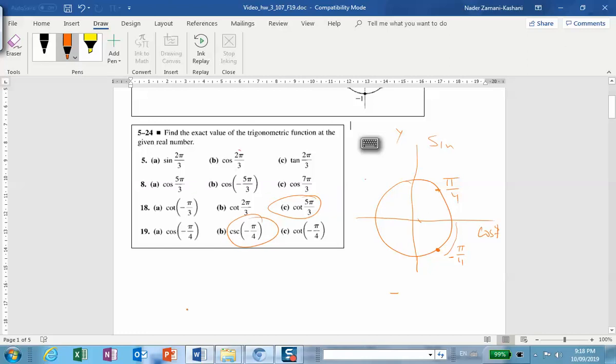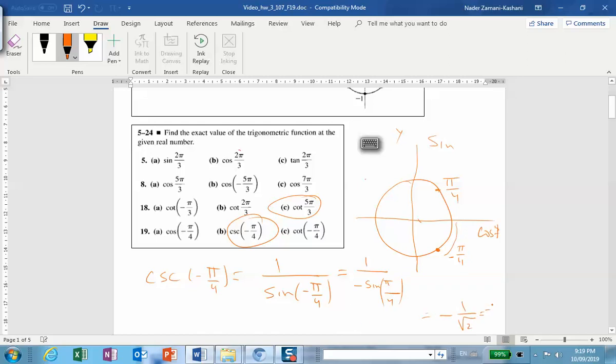Cosecant of minus pi over 4, by definition, is 1 over sine of minus pi over 4. Now you can say that sine is an odd function, so that becomes 1 over minus sine of pi over 4. And this is minus 1 over root 2 or minus root 2 over 2.